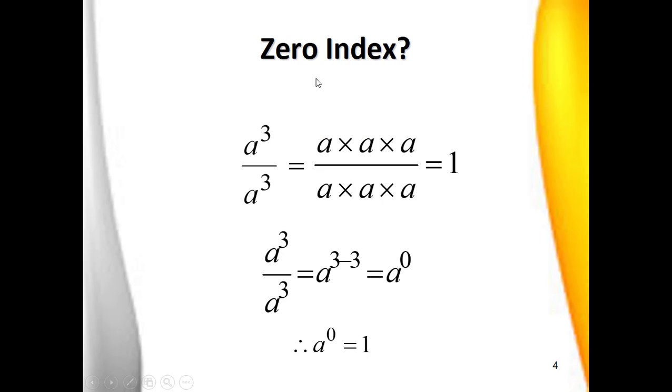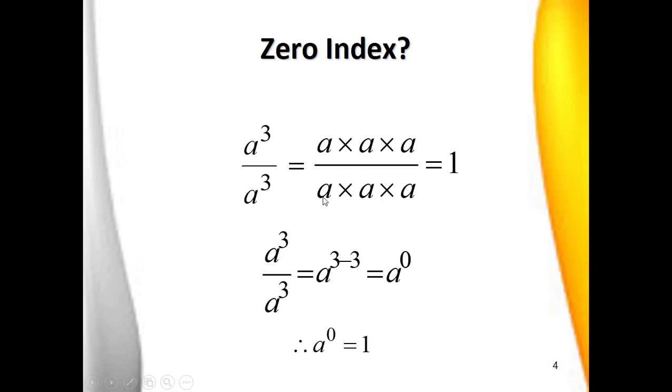Now, what do we mean by zero index? Why is the zero index one? Let's look at this example: 3 to the power 3 divided by 3 to the power 3. In arithmetic, to do this, you write a cube as a times a times a, three a's multiplied together.